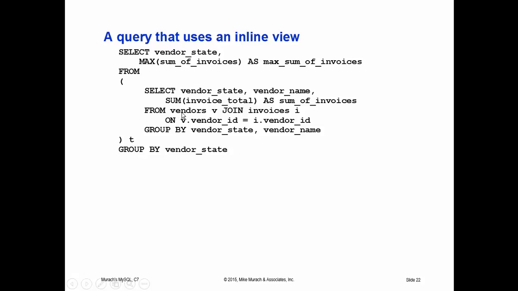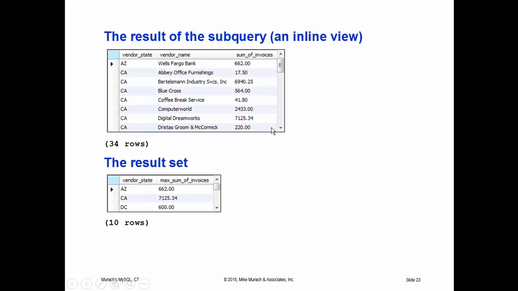So they'll be doing this for the first state, then the second state, then the third state. So if there are 50 different states in here, it's going to run that basically 50 different times. So you can see you get 34 rows back, but then you just want the biggest one from each.